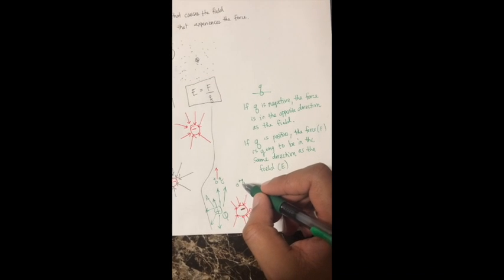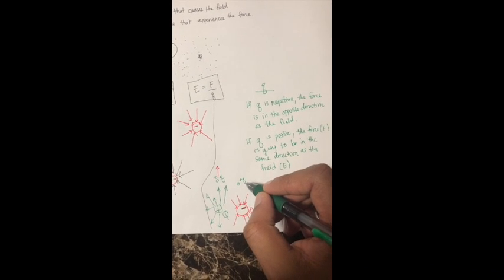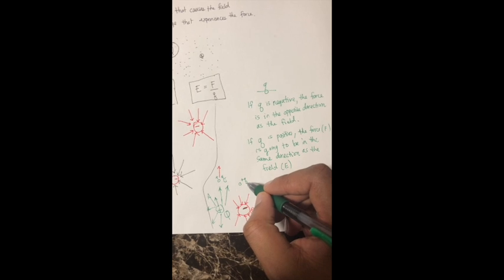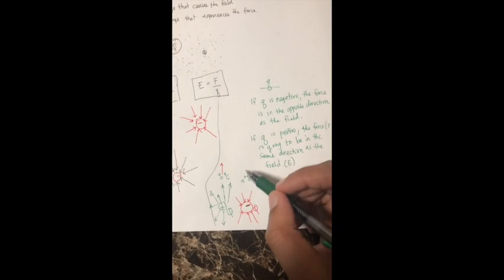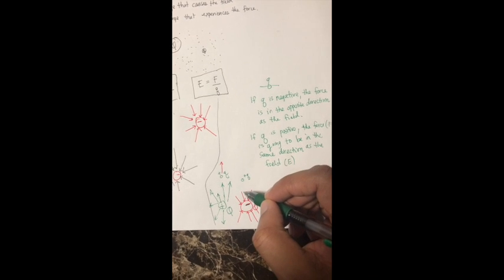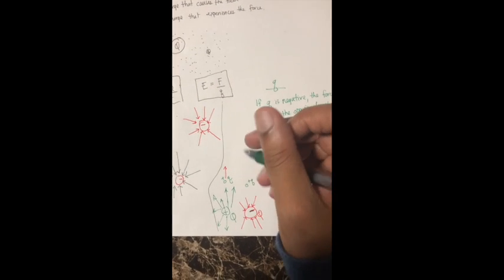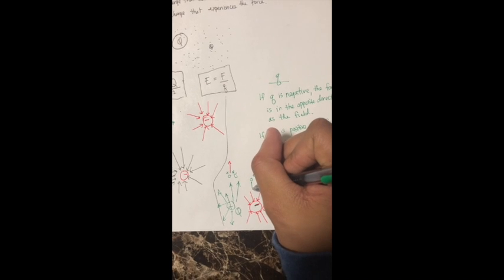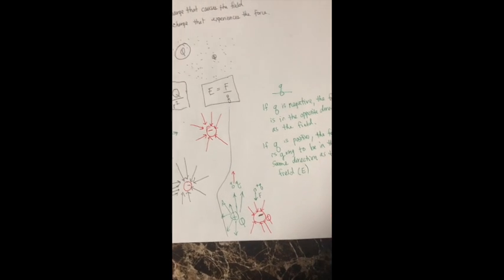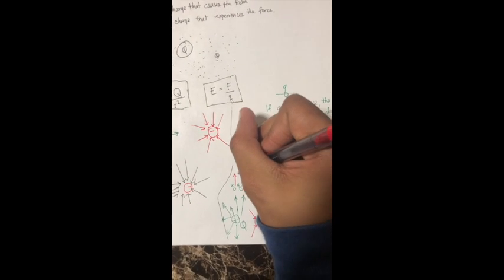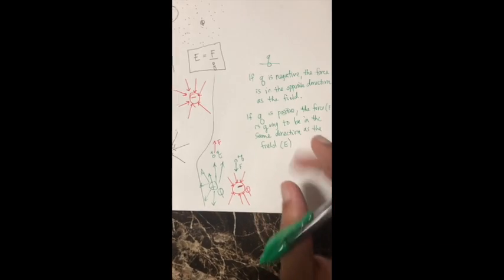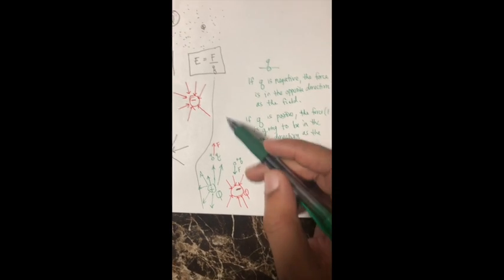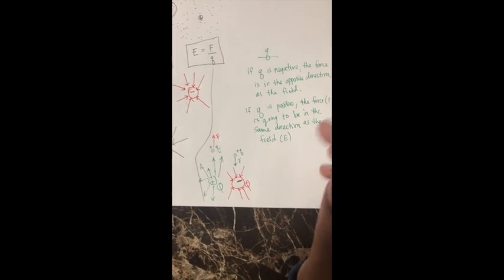If this is positive, which way is the force going to be? It's going to be in the same direction as the field. If the field's pointing this way, then this force is also going to be pointed that way. Just label this as the force. So remember, now we're talking about little q, trying to figure out which direction the force is going to be in.